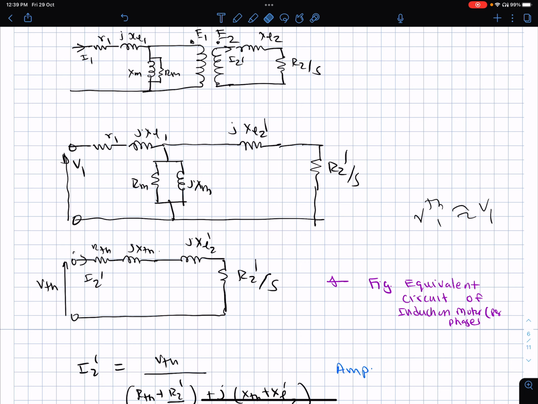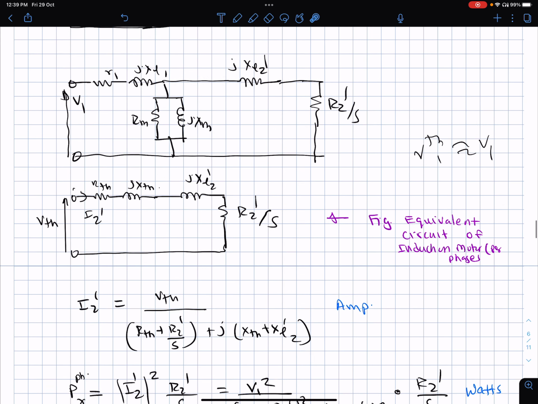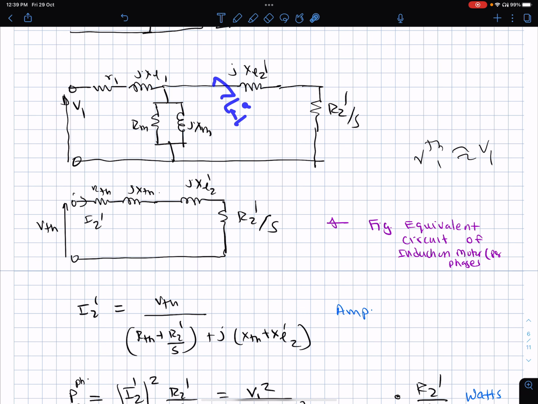Now what we need to study is how this circuit behaves in terms of the current I2 dash which is going through it as S varies, and then what is the power which is lost in this resistor.